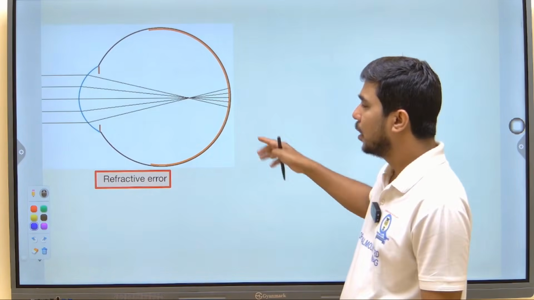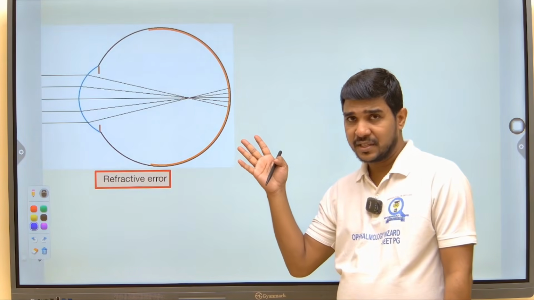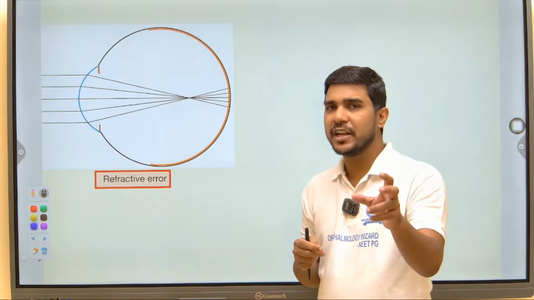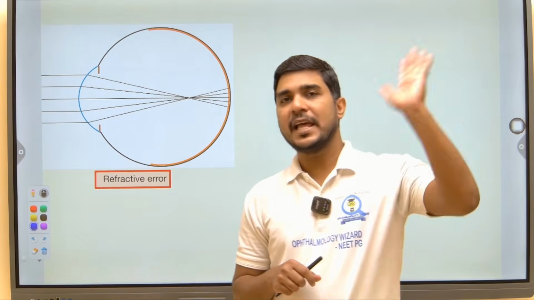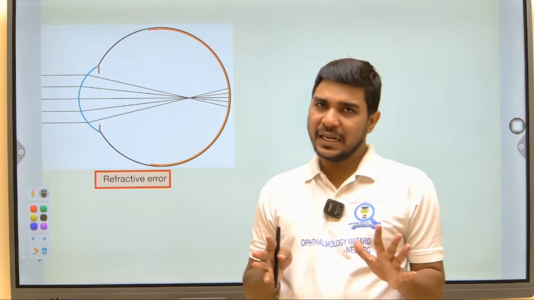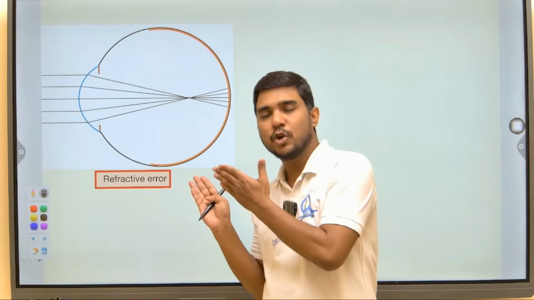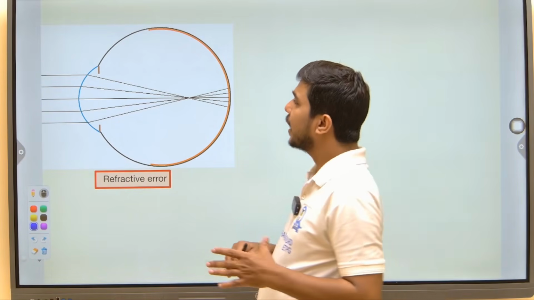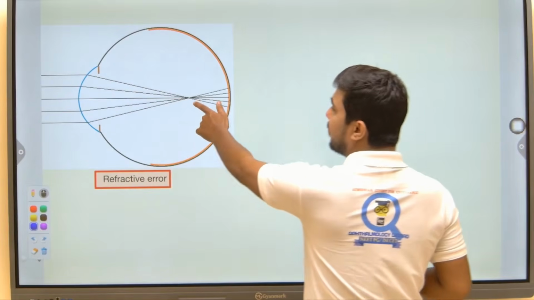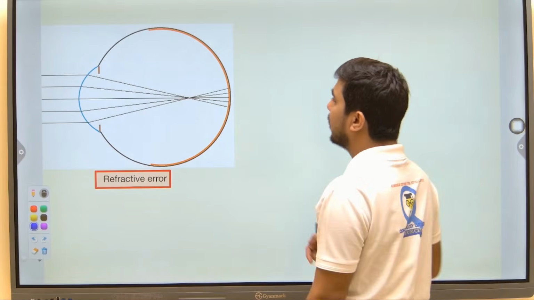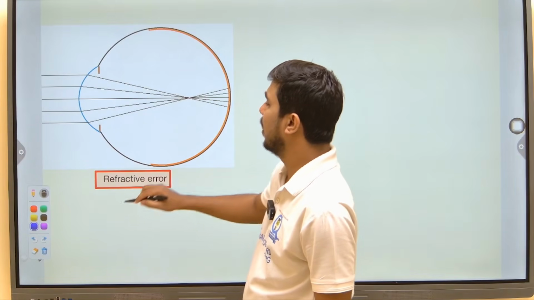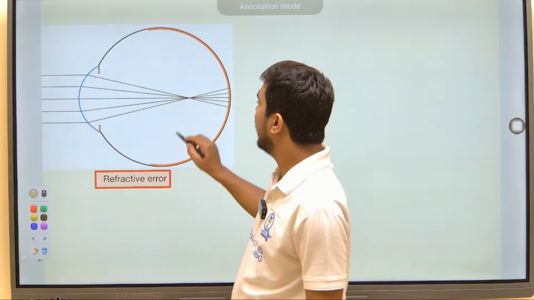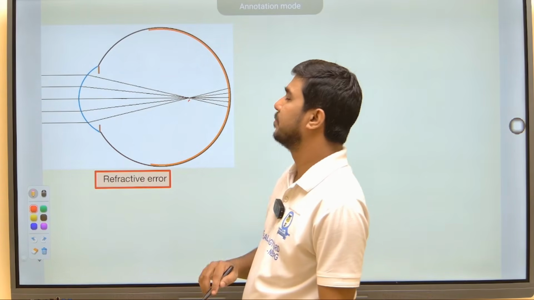Next, this is a ray diagram. Very easy. You have done it before MBBS also, but you have to know. Now the rays are coming from here, but the rays are meeting here in front of the retina.